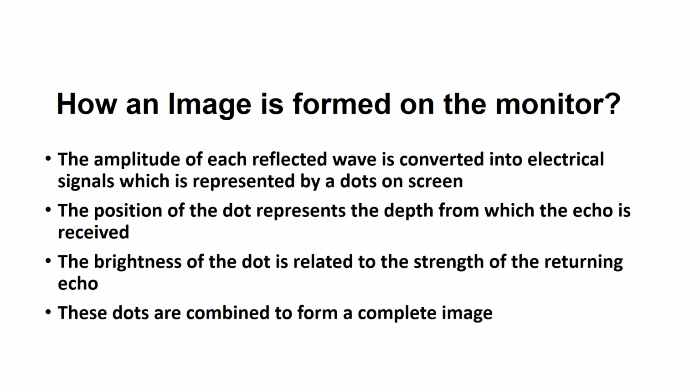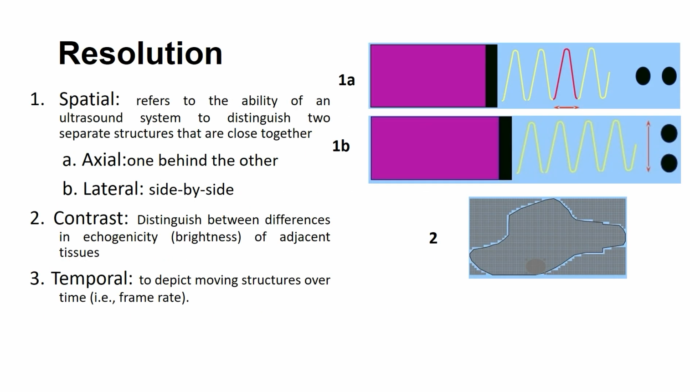The brightness of the dot is related to the strength of the returning echo. These dots are combined to form a complete image, so that we can see this image on the monitor.